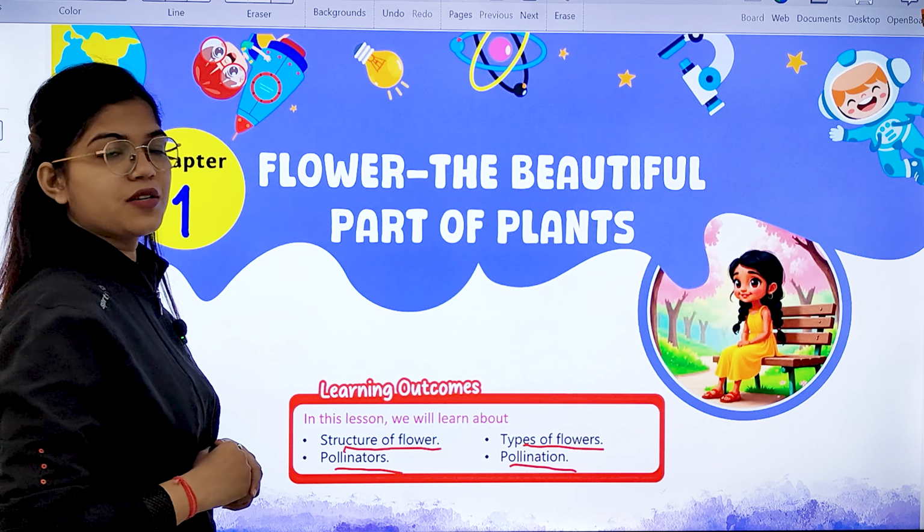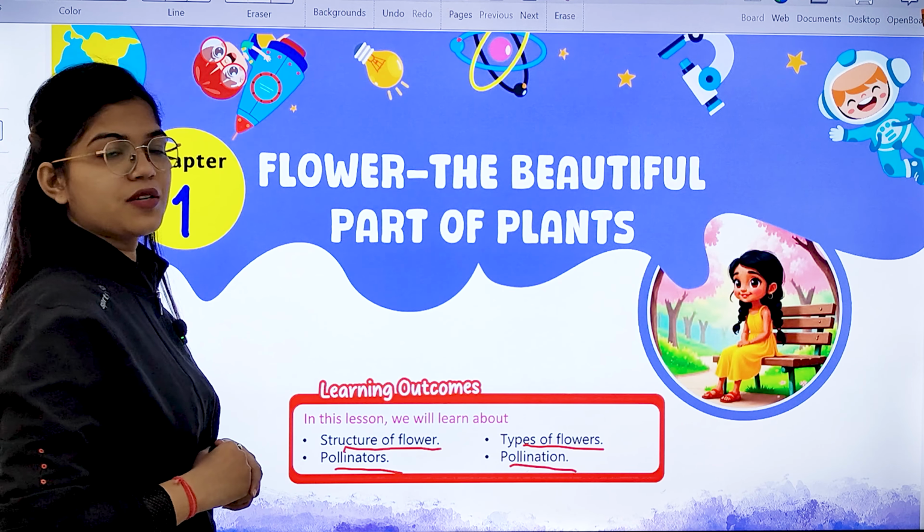And the anther also has a tube-like structure known as filament. Okay. Then this part which protects or surrounds the ovary is known as sepal. So this is how the structure of a flower looks like.